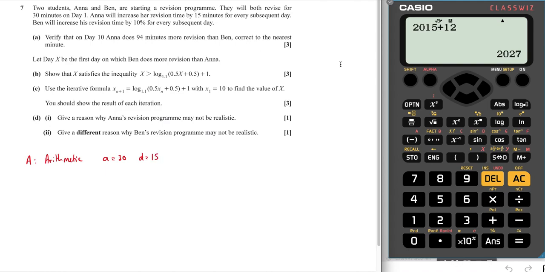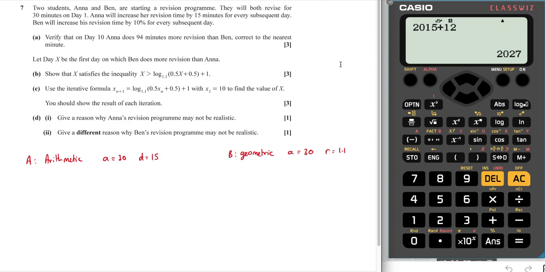Person B, we said was a geometric because you're doing a percentage increase every day. And again, you need a starting value, which again is 30, and this time you need your common ratio. So what are they going to do? An increase by 10%. Well, that is a common ratio of 1.1.